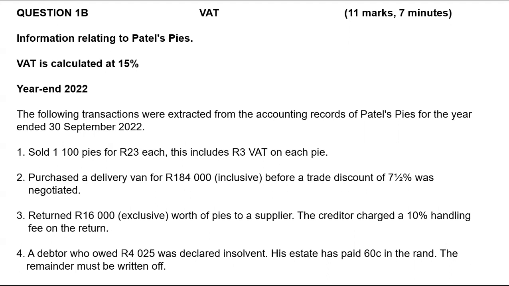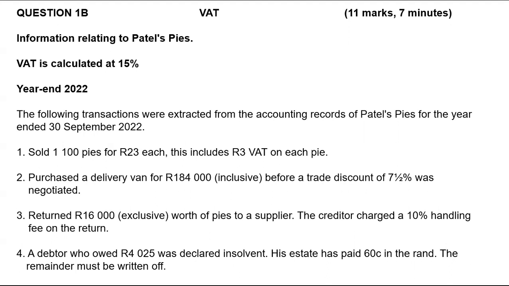VAT input is us having paid the VAT that we can later on claim from SARS. So we are not the collectors. Whoever we are buying from, they are the collectors. The seller is the collector. That is VAT input. We can claim it back from SARS and it'll come into the business. That's why we call it input. That's an asset. Output is a liability.